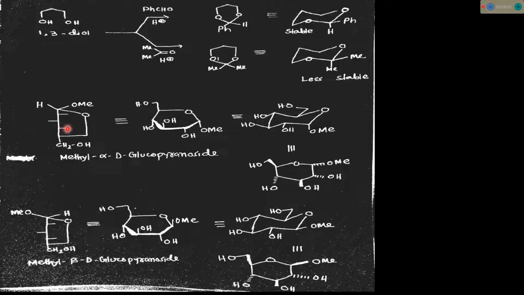The 4 position has an OH group, meaning the 2 and 4 positions have hydroxyl groups, and these two hydroxyl groups are in cis manner. Again 1, 2, 3, 4 positions and 5, 6 positions. The 6 position also has a hydroxyl group, 4, 5, 6: the 4 and 6 positions.